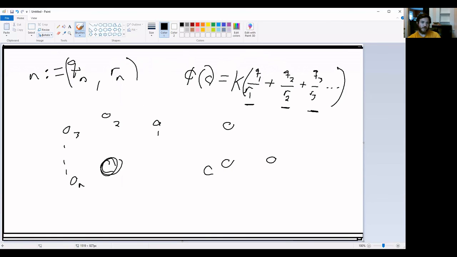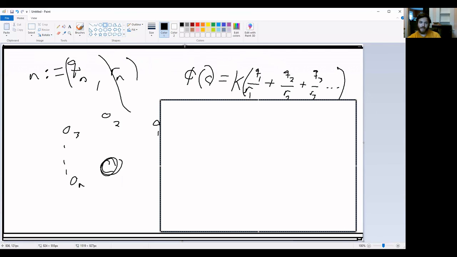I'm going to make a new box, and in that box I'm going to draw the general formula that we use for pretty much everything. So here's my box, and what I just wrote can be rewritten this way.